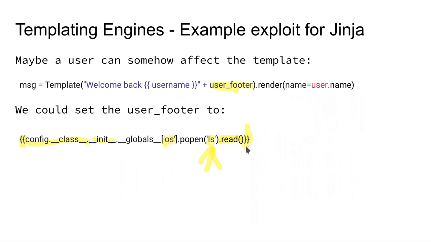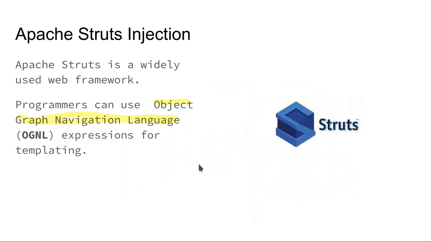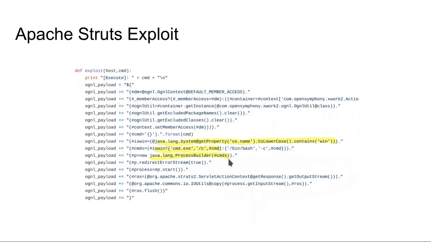Process builder is very similar to Python's popen. And then it just executes the command that has been specified here and copies the output to the output stream.